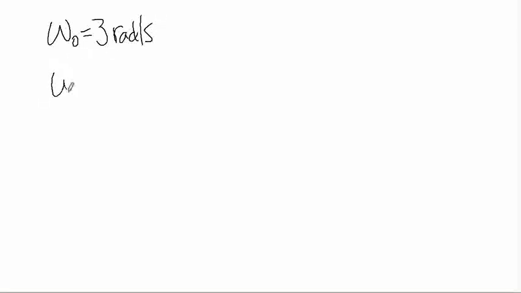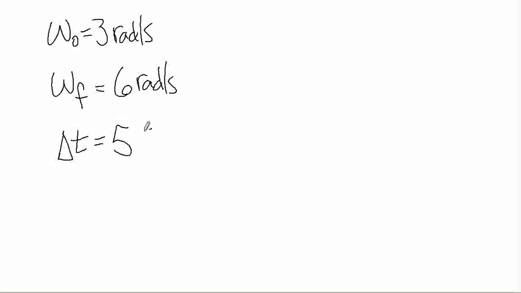And let's say that after 5 seconds, her angular velocity was 6 radians per second. And let's say that that process of increasing her angular velocity took 5 seconds. Okay, I want to know what angle did she spin through in those 5 seconds. So pause the video and try to calculate that, please.